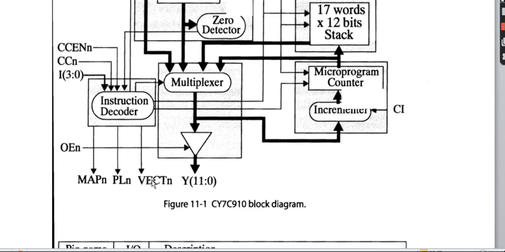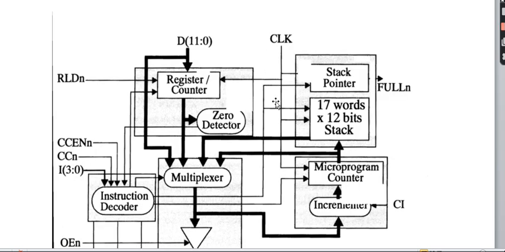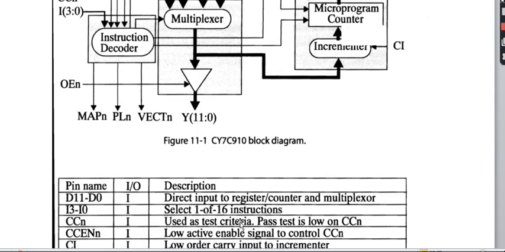You can draw one block and tell that this microcontroller has this many blocks, 1, 2, 3, 4, 5. You can draw 5 blocks like this, and you have to tell how many pins.